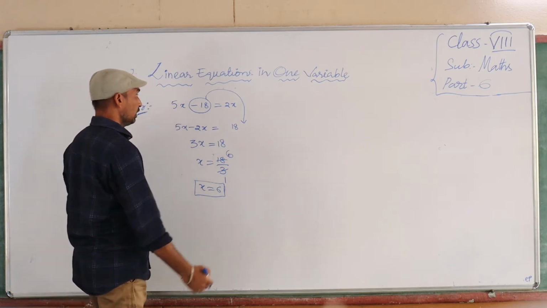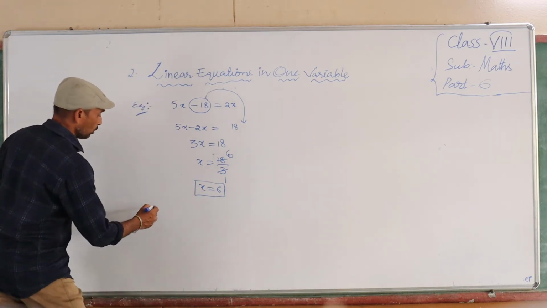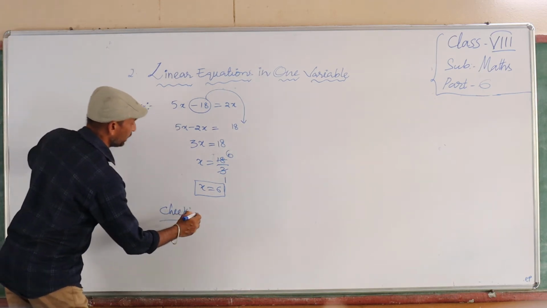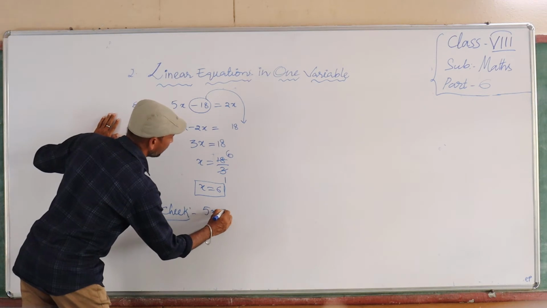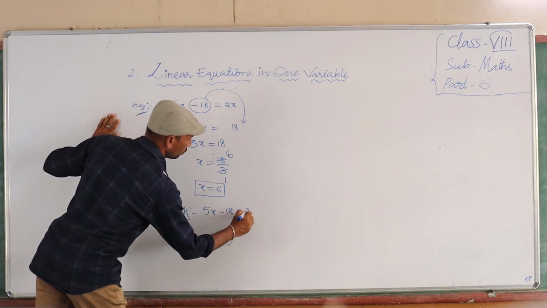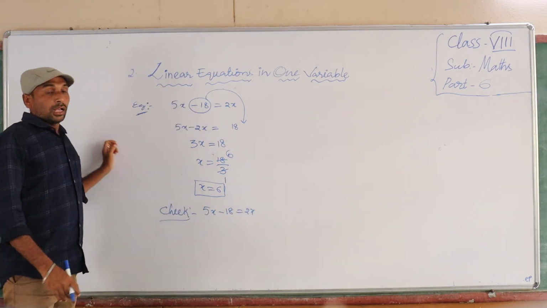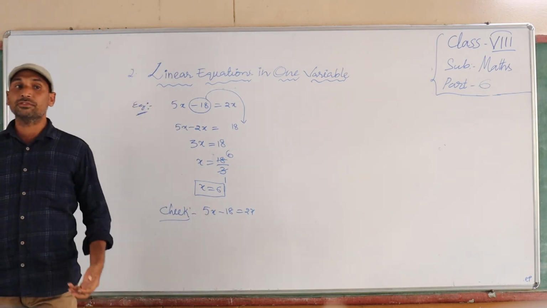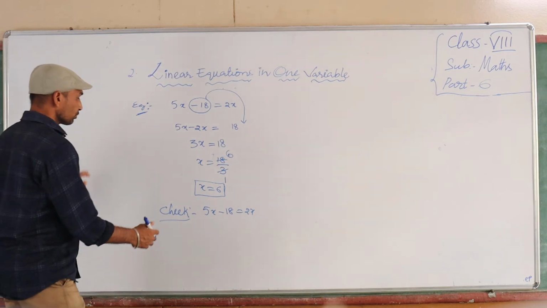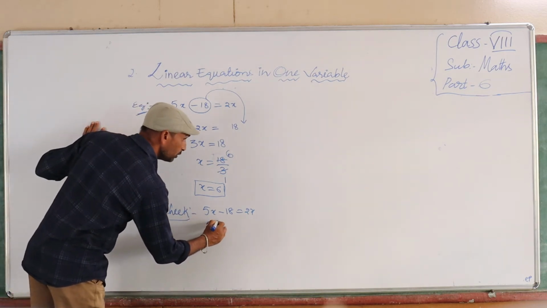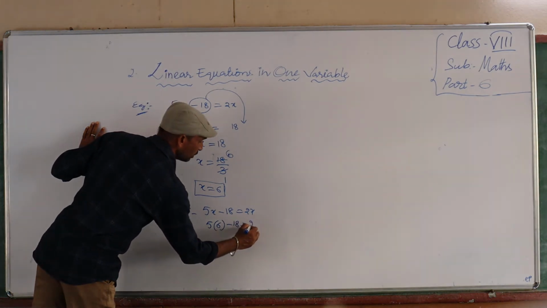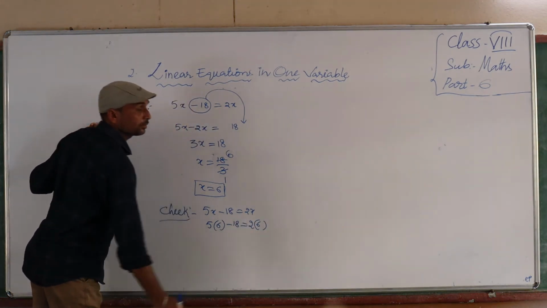So here also we can do a cross check. See here the given problem is 5x minus 18 is equal to 2x. In the x, if you substitute 6, then both sides we have to get the same answer. So 5 into 6 minus 18 is equal to 2 into 6.